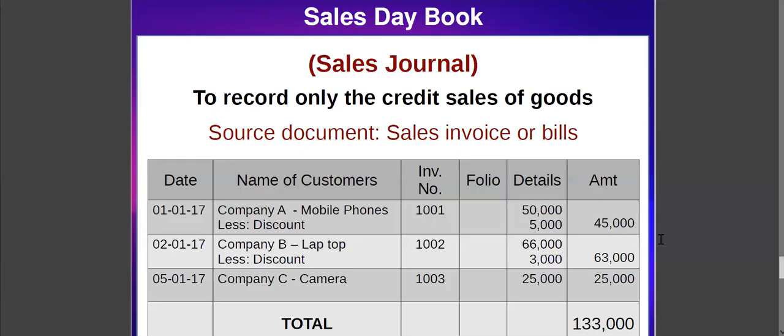You are going to receive only 63,000. C's company 25,000, no discount is here, so directly you have to write in amount column. The amount column total 1,33,000. This is the way you have to prepare sales book.